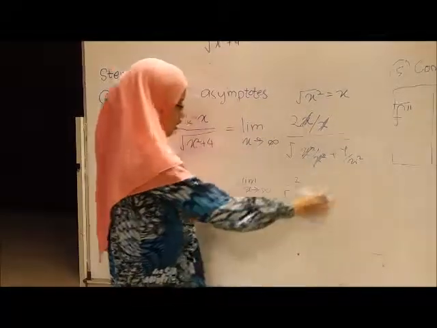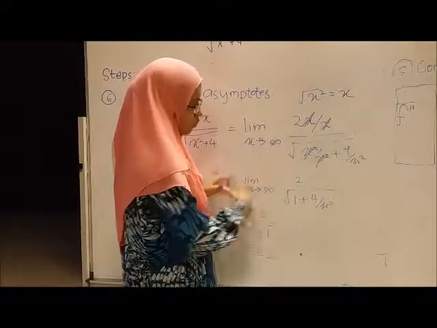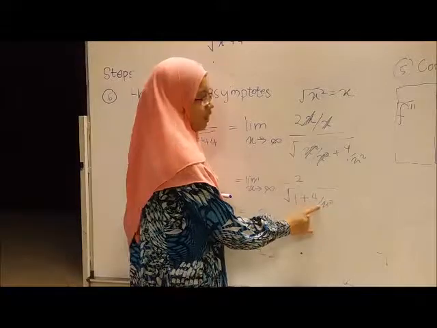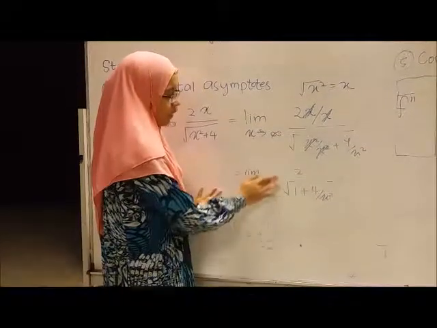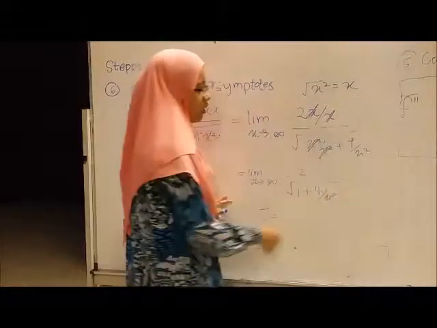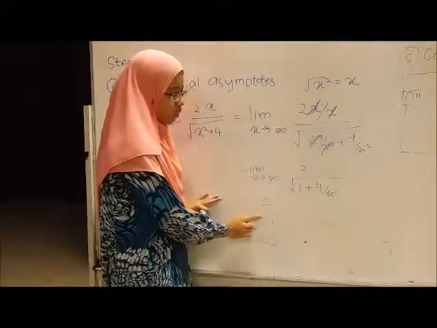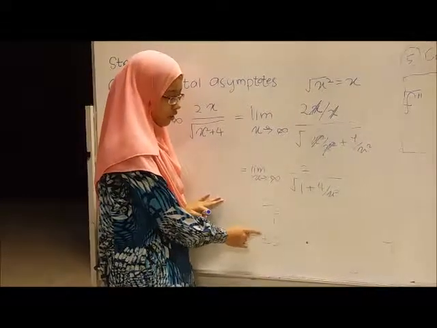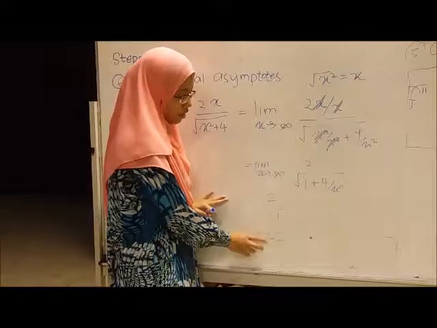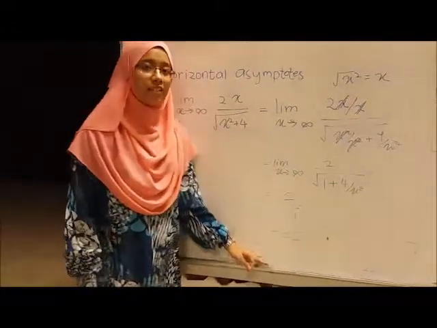The limit as x approaches infinity equals 2 over the square root of 1 plus 4 over x squared. We insert infinity into the equation, so 4 over x squared is equal to 0, and we get 2 over the square root of 1. The answer is plus or minus 2. The horizontal asymptote is plus or minus 2.